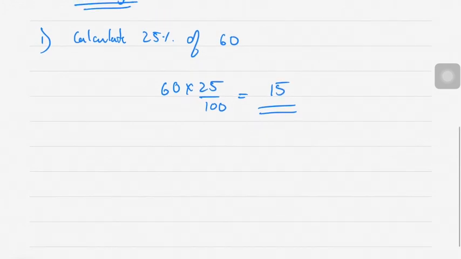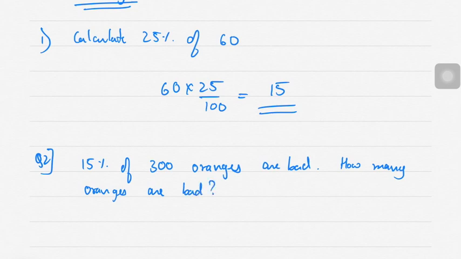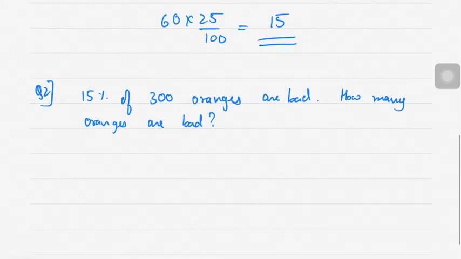Let's see question number 2. 15% of 300 oranges are bad. How many oranges are bad? So how do you calculate?